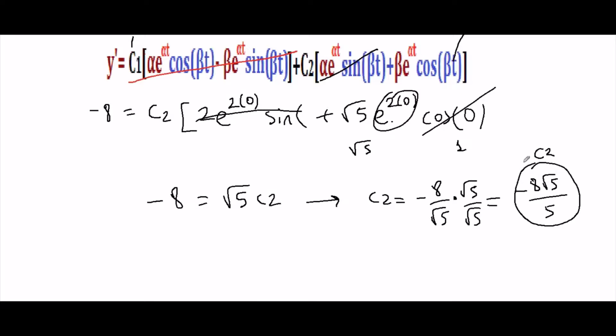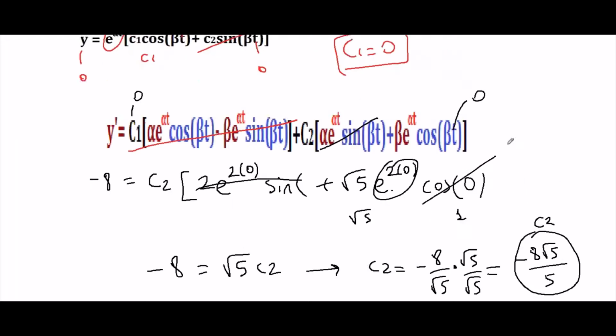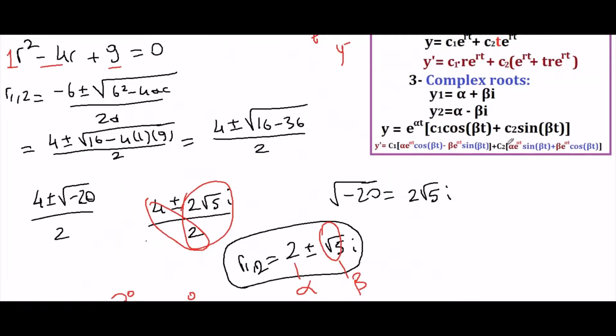Now we know our c1, c2, alpha and beta values, so we can write up our unique solution. Our unique solution will be written in this equation using the values of alpha, beta, and c1, c2.